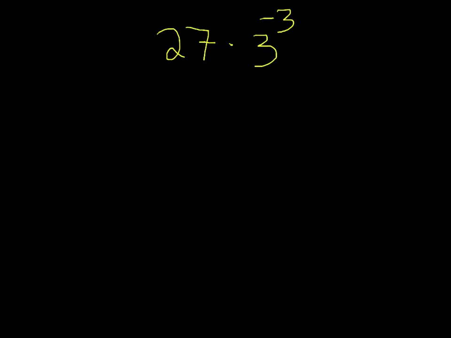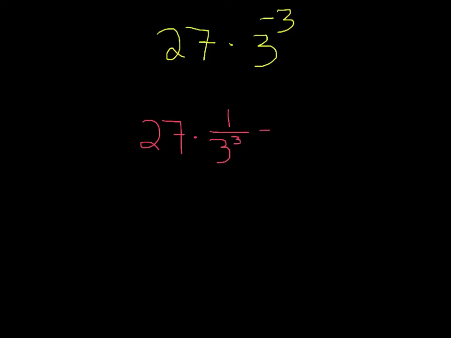Alright, in this example we have a negative exponent and we're multiplying. But do order of operations, just like always. We're going to evaluate the exponent first. So 27 times, rewrite this as a fraction because we have a negative exponent, 1 over 3 to the power of a positive 3.